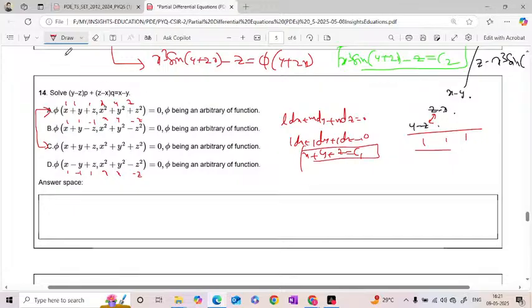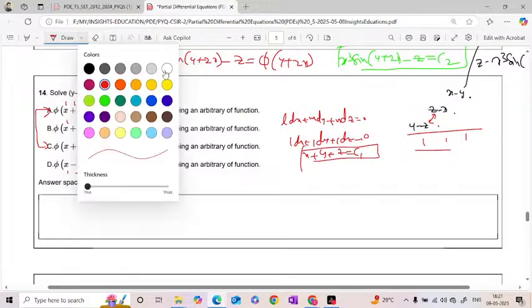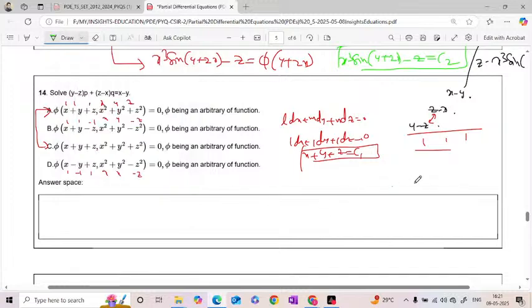Next one. The second one is y minus z, z minus x, x minus y. Same, just focus on these two. That means multiply by x here, y here. These two will cancel. It is plus yz, but here minus yz, so better to multiply by z. So multiply by x, y, z, that is our element values.